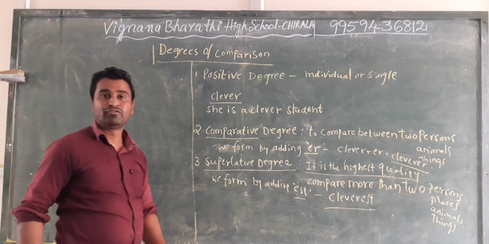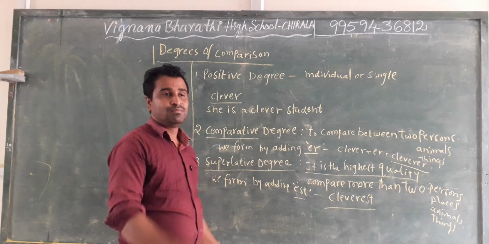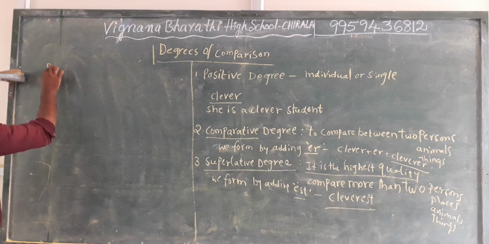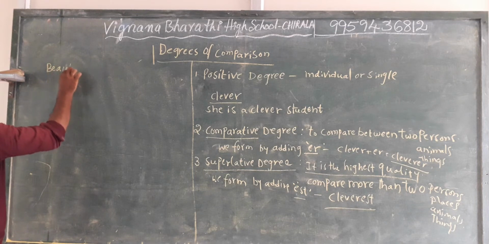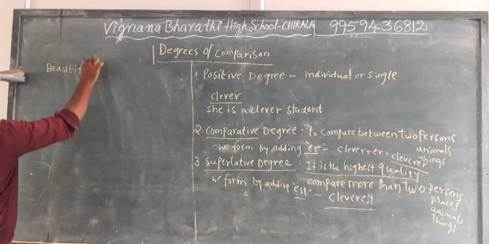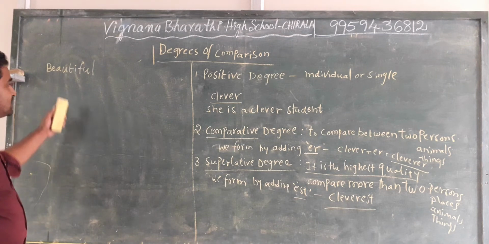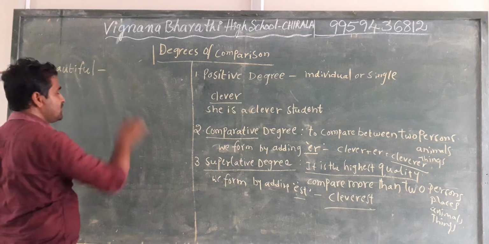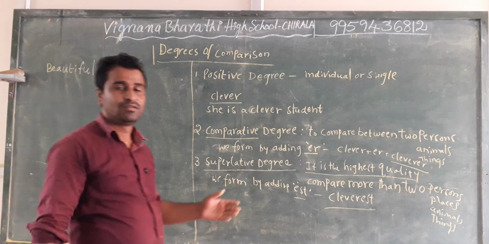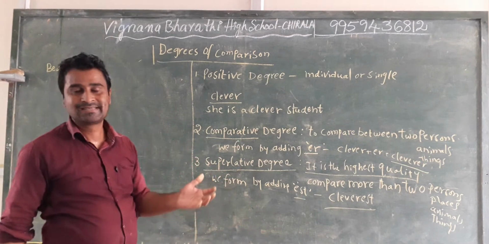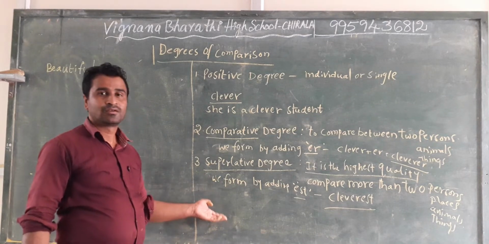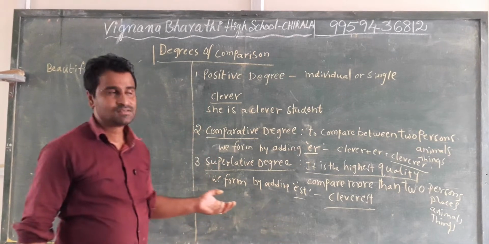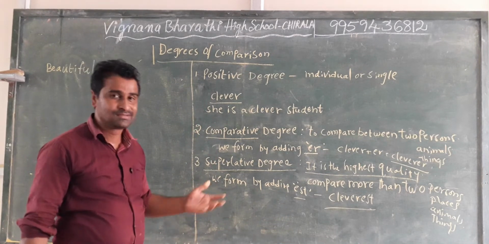For example, there is an adjective beautiful. See children, we can easily make comparatives as well as superlatives for single syllable or double syllable words.